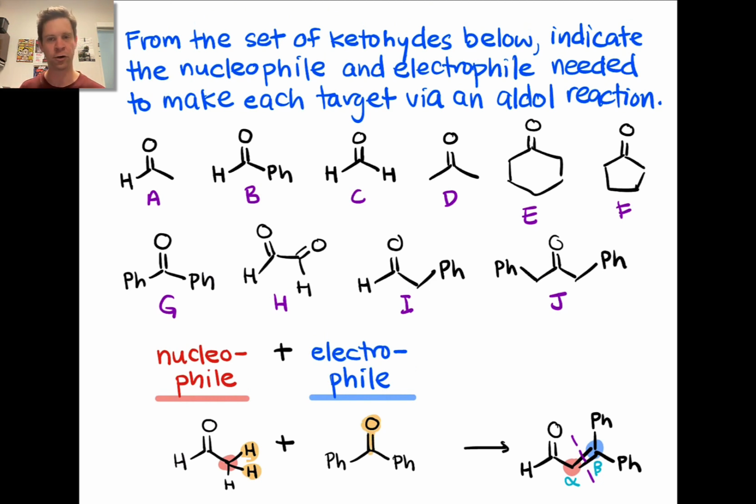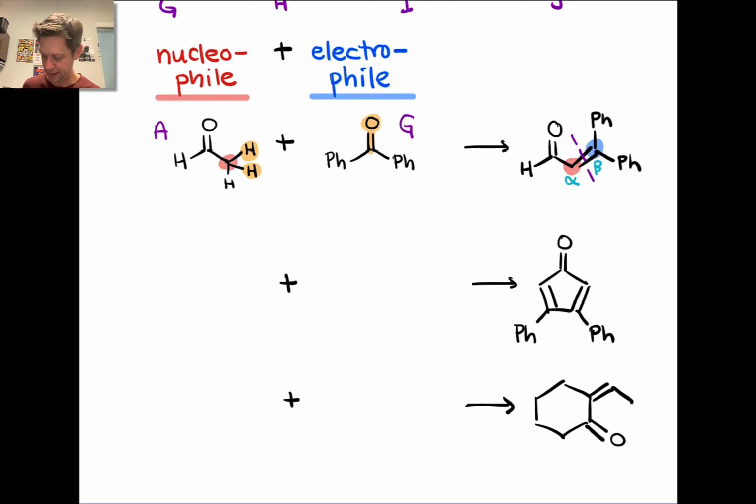So this target is made via an aldol condensation of these two reactants. This is A, acetaldehyde, and on the electrophile side we have benzophenone, which is G. Awesome.